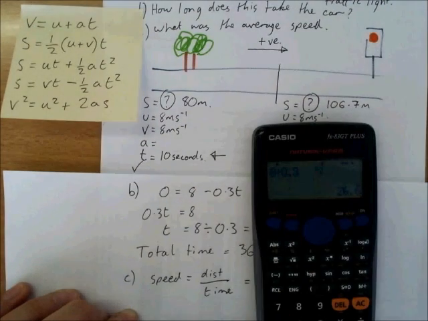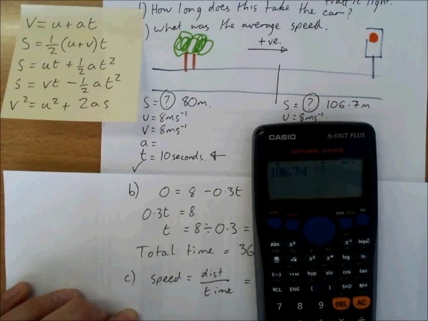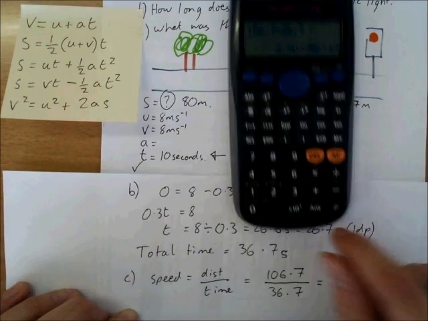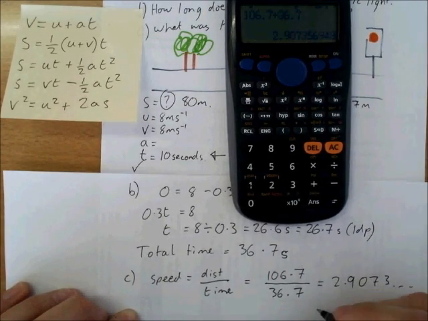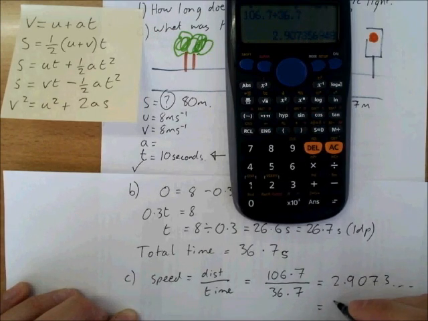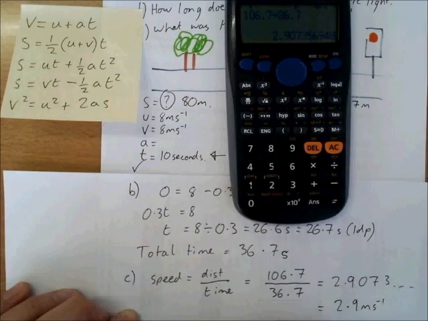So if we do that, 106.7 divided by 36.7 gives us an answer of 2.9073, etc. So we'll of course round that to one decimal place, giving us 2.9 meters per second as the average speed.